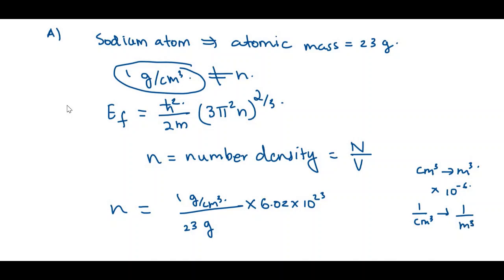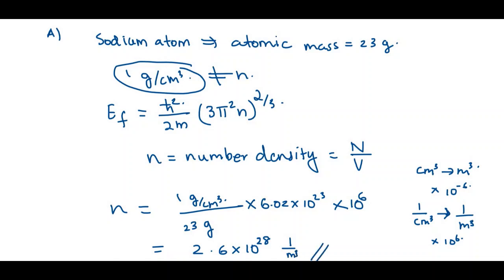So per centimeter cube to per meter cube, we need to multiply with 10^6. So this is the value of n. While doing this, you get 2.6 × 10^28 per meter cube. Unit is per meter cube.